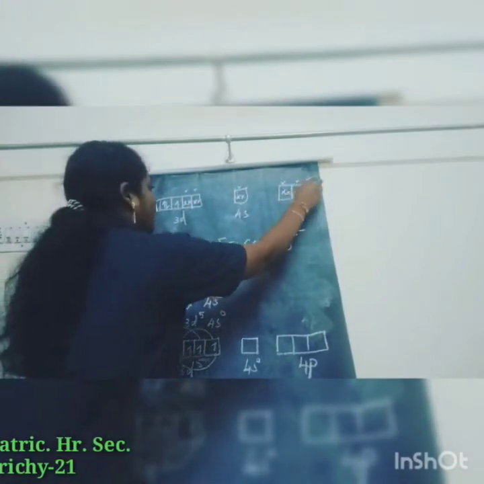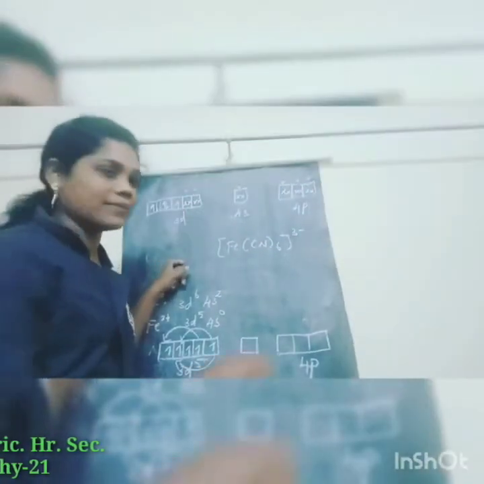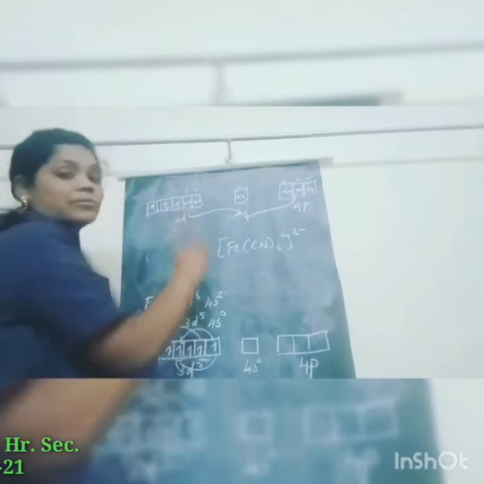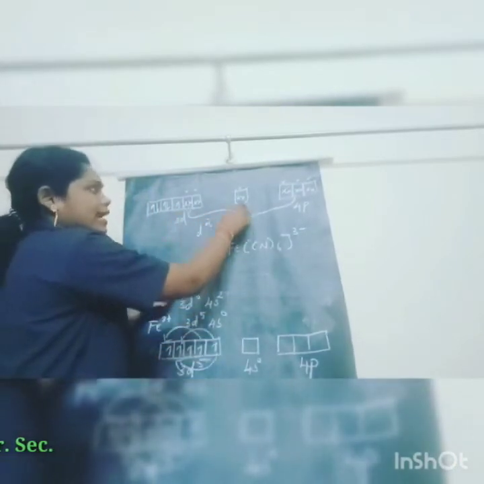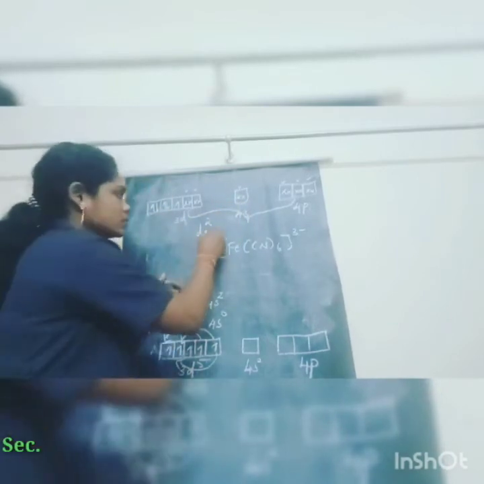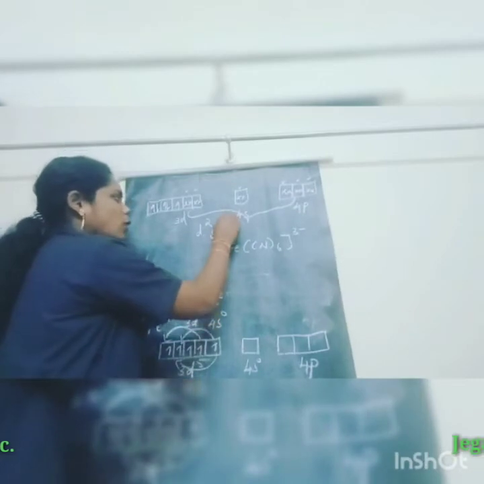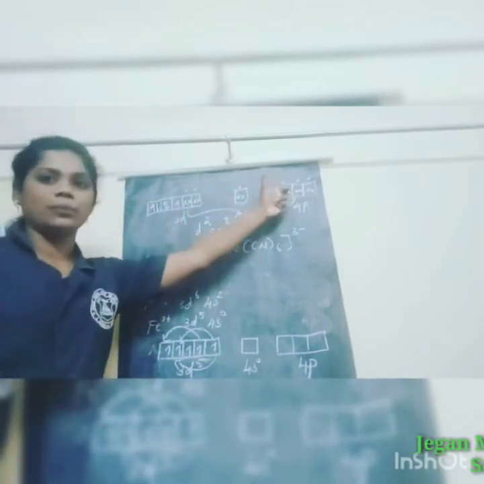How many vacant orbitals are there? Two d orbitals, one s and three p, so this is d2sp3 hybridization.